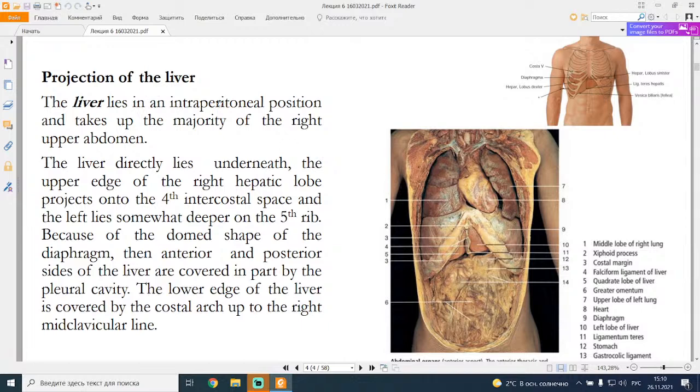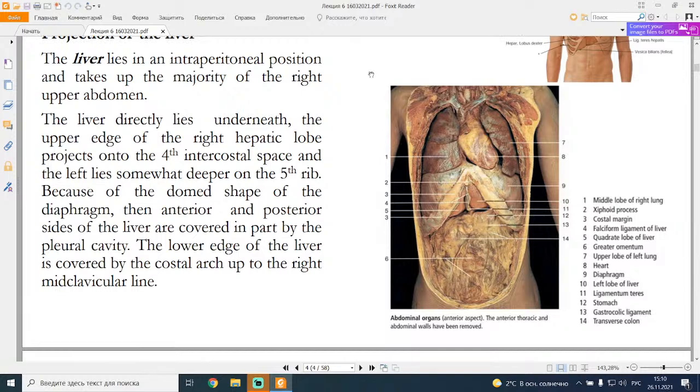Projection of the liver. The liver lies in an intraperitoneal position and takes up the majority of the right upper abdomen.